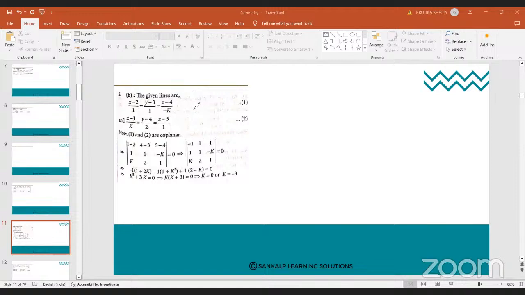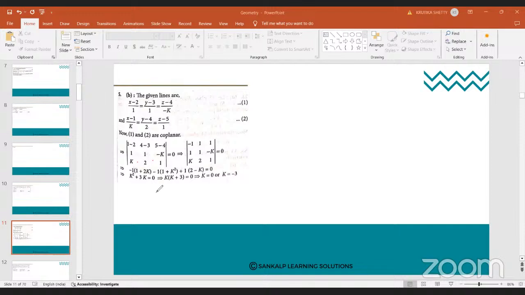Next, 1, 1, minus k is A1, B1, C1, and k, 2, 1 is A2, B2, C2. So you can expand it directly.